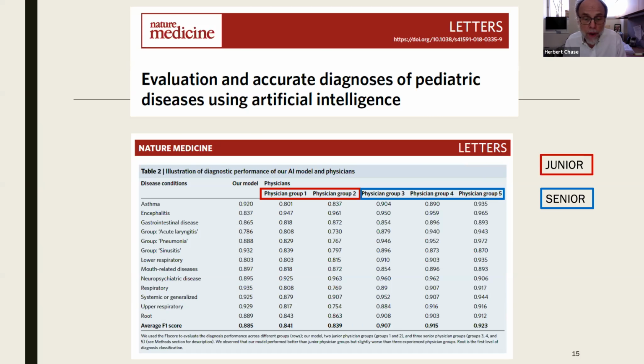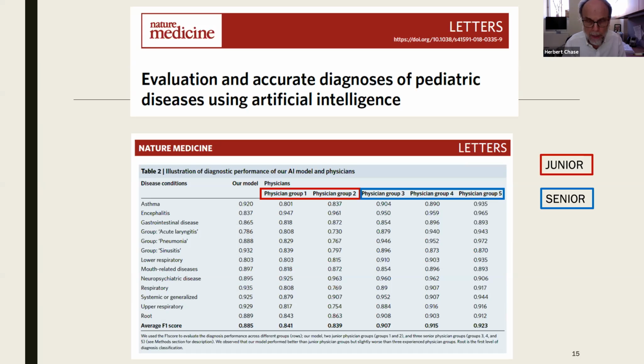So first, the fact that the machine is almost as good as the senior physicians in and of itself is a tremendous victory. The other point is, not unexpectedly, trainees don't know as much as senior physicians, and the AI here, the classifier for the decision support, or in this case, diagnostic algorithm, could be of value to the trainees. So this, I thought, was a tremendous success.